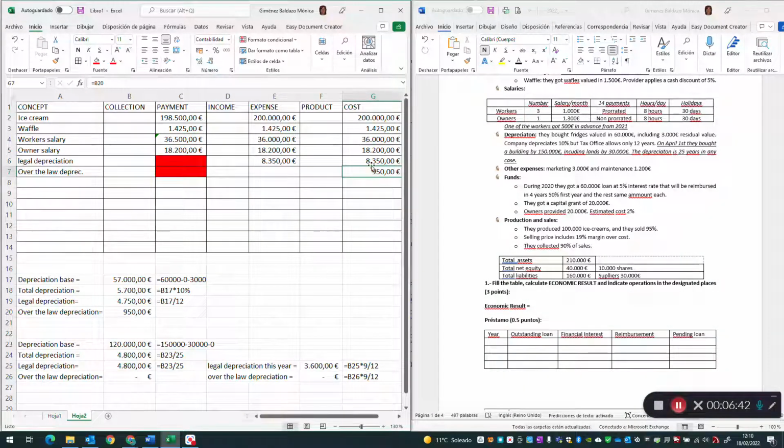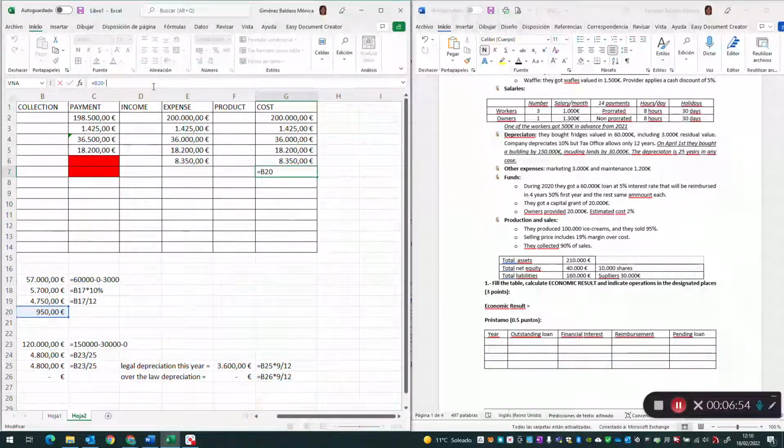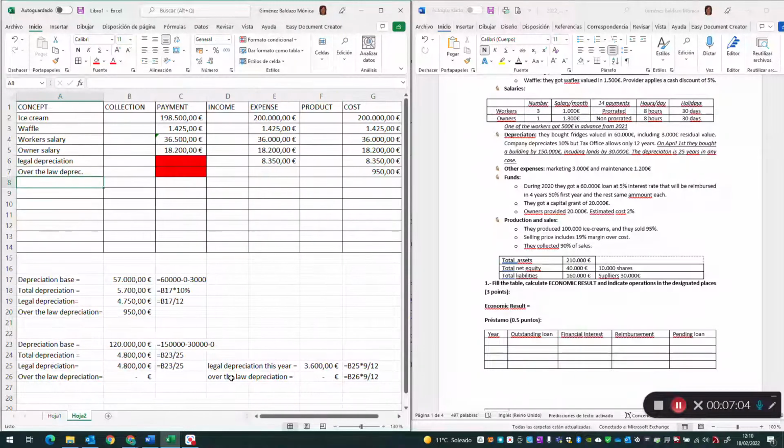So as you can see, the cost and the expense reflect legal depreciation for both the building and the fridges. And for the over the law depreciation, we should also add the over the law depreciation of the building, which is going to be 0. Nothing's going to change in this particular exercise, but in other exercises, it may have some impact. And this is everything regarding depreciation.